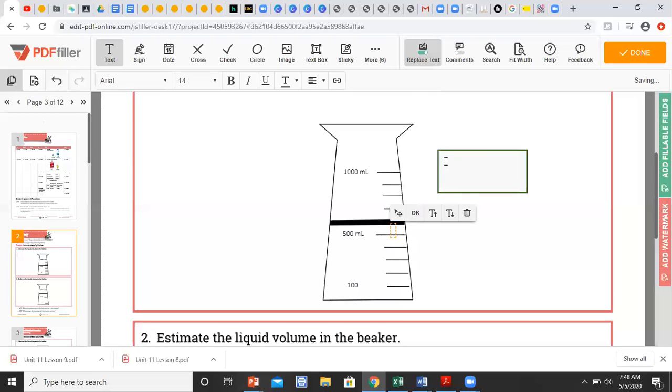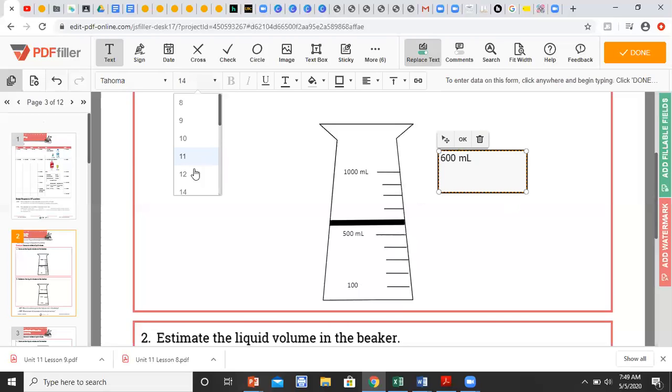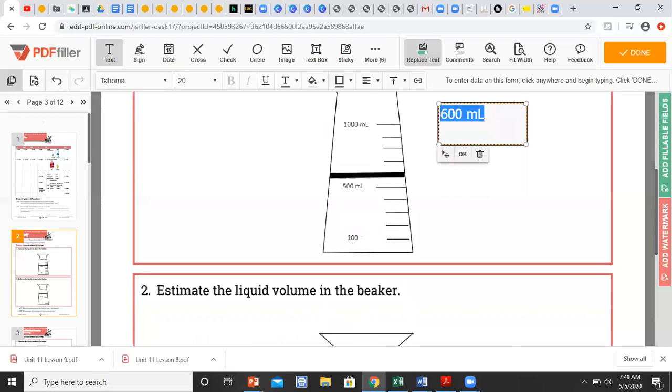So this is 600 milliliters. Okay, so that's 600 milliliters. Let's go to this one now.